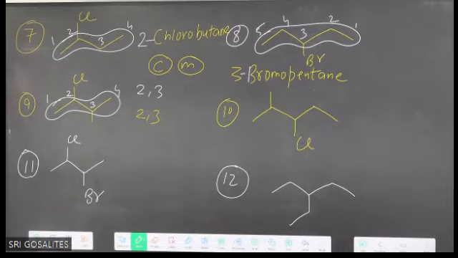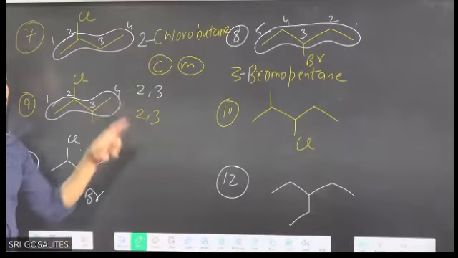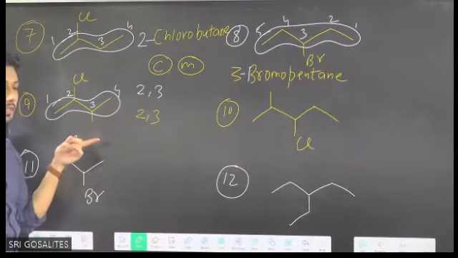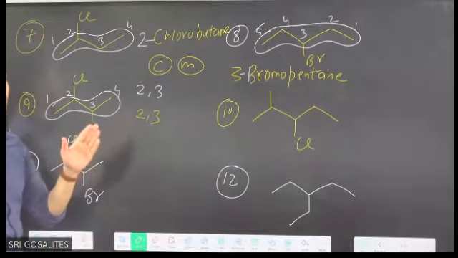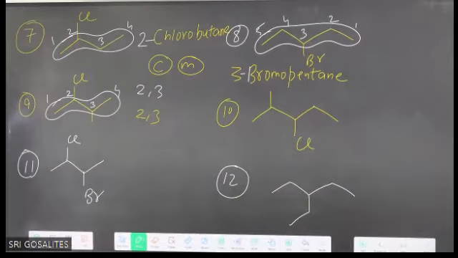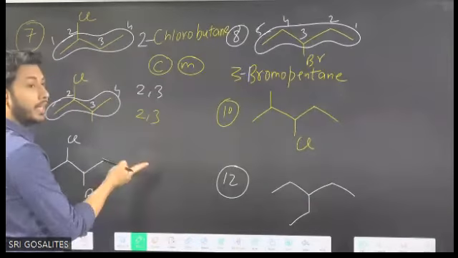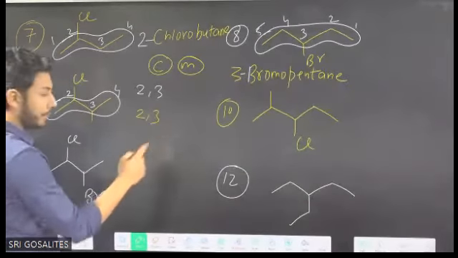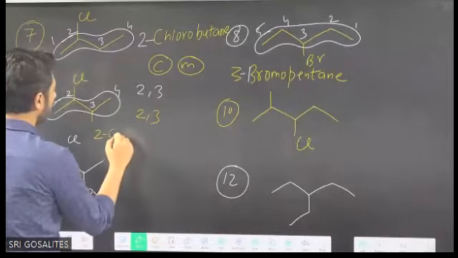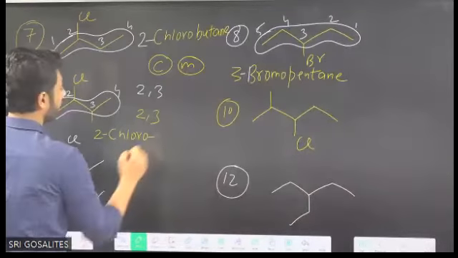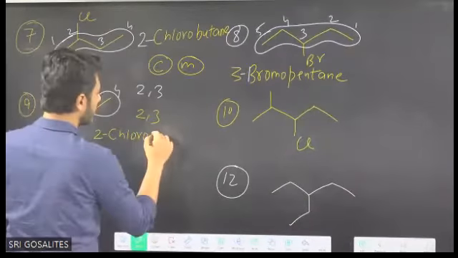Did you understand? Whenever numbering is the same, in this case, we have to use alphabetical preference. So numbering is done here, and then alphabetically we have to write the prefixes. 2 chloro. Then the next prefix, at which position? Third.